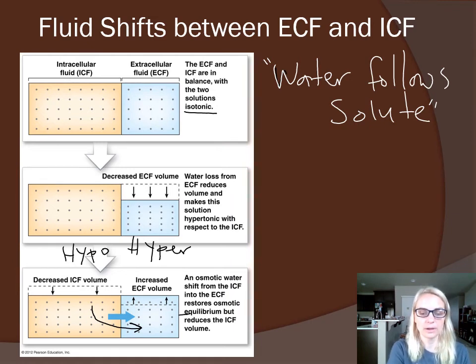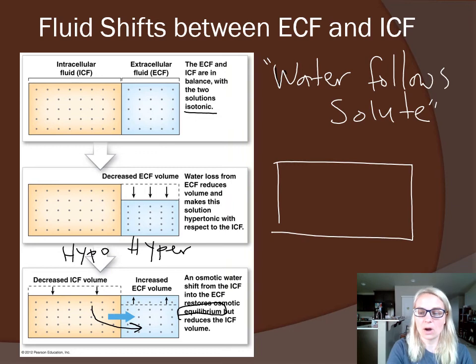That's our equilibrium right here. But the net result is both ECF and ICF will be lower in overall volume and have a higher concentration ratio, because we're keeping the same amount of solutes, we just have less water to dissolve them in. But at least now they're at equilibrium, so we can be back to isotonicity and not shifting fluids in any other direction.